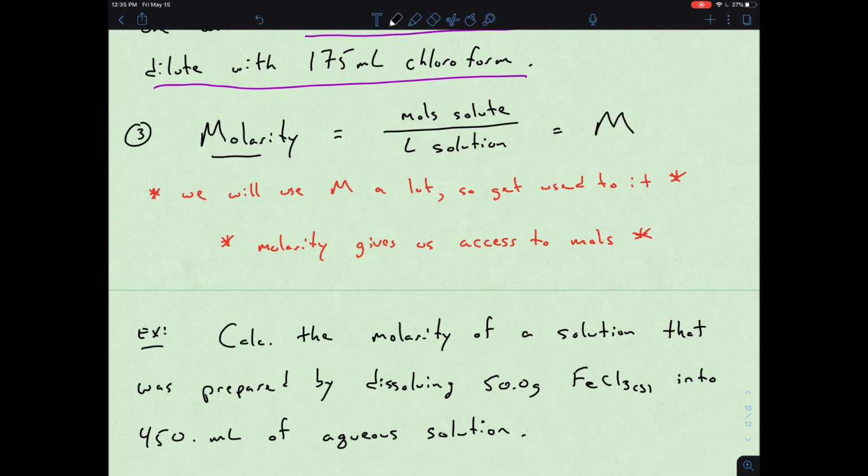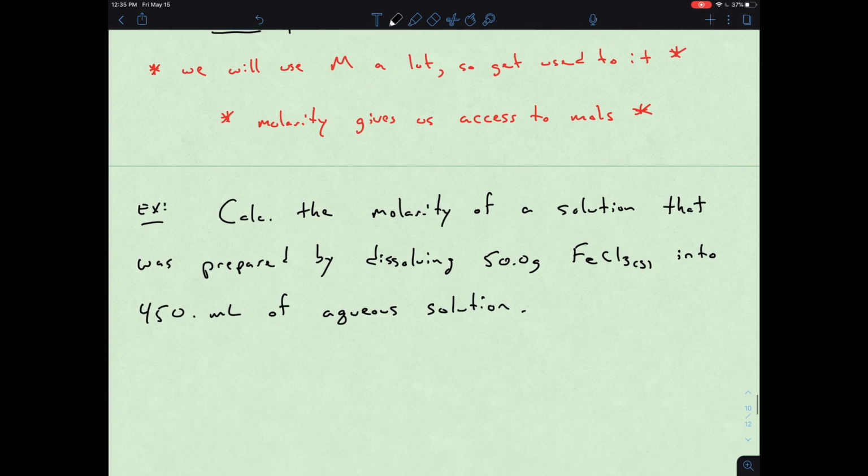So that's our question. We want to know what the molarity is of this solution. So that's where we're going towards.